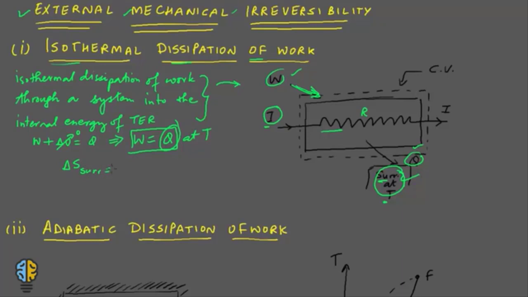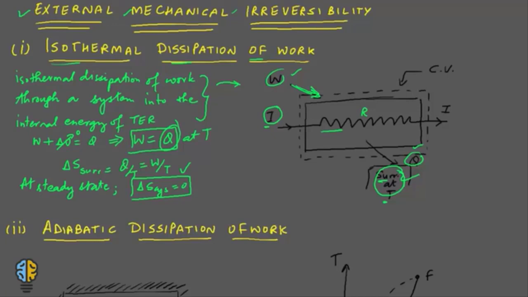Now since the surroundings absorb Q units of heat at temperature T, delta S of the surroundings is equal to Q upon T. Now Q is equal to W, so we can write W upon T. Now at steady state, the entropy change of the system will be 0, because nothing changes at steady state. There is no change with respect to time. So delta S of the system is equal to 0.